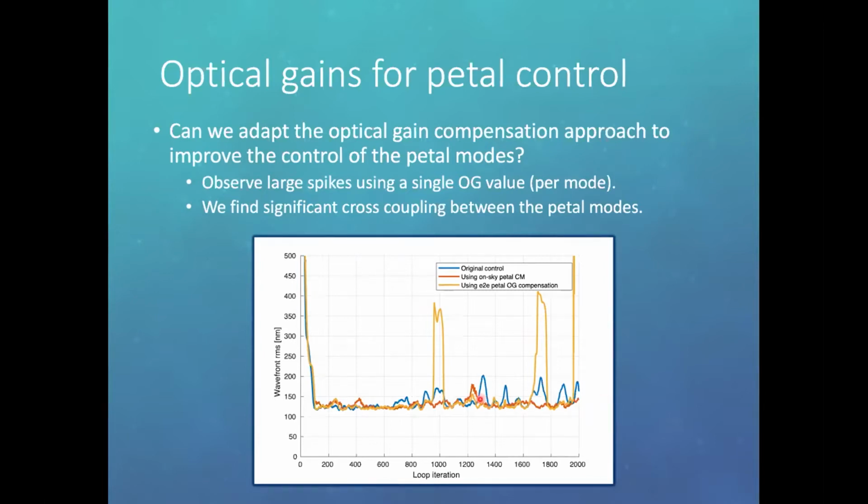So actually what you need is the red trace, which is taking an on-SCAO command matrix of the petal modes. But in this case, it's something unrealistic because I do it at every iteration. That was just to investigate exactly how this behavior manifests itself.